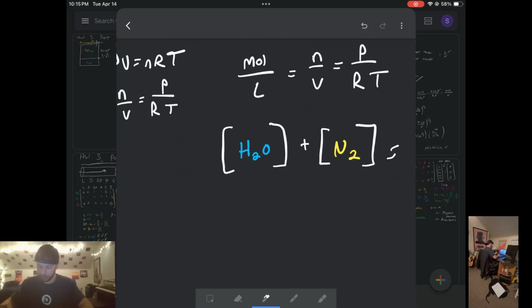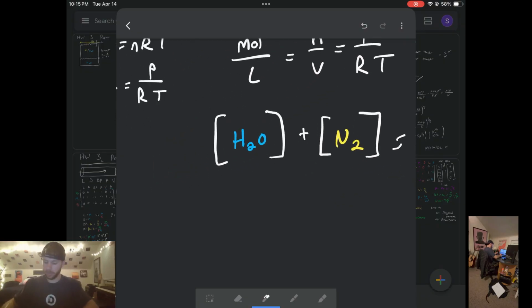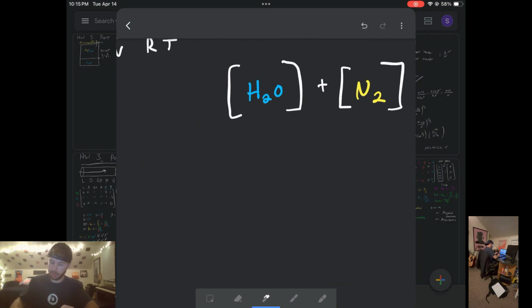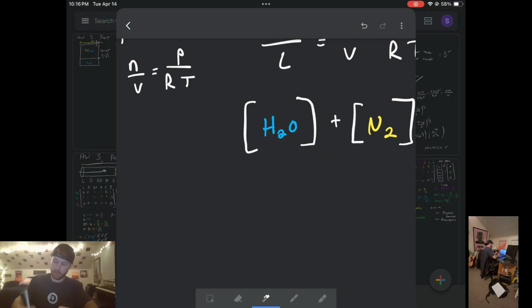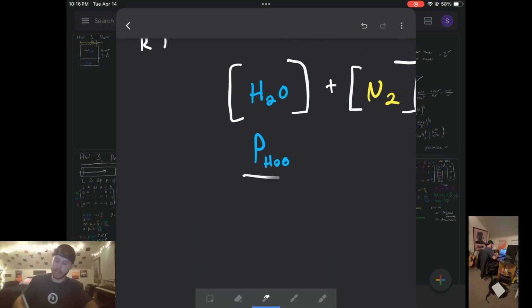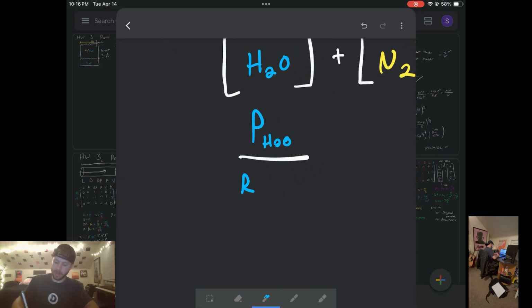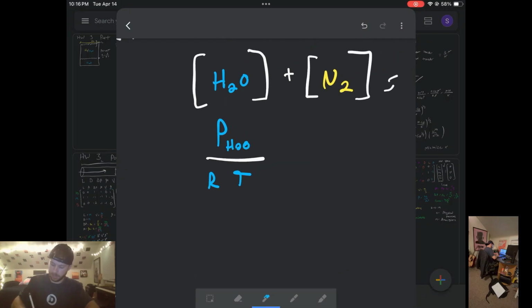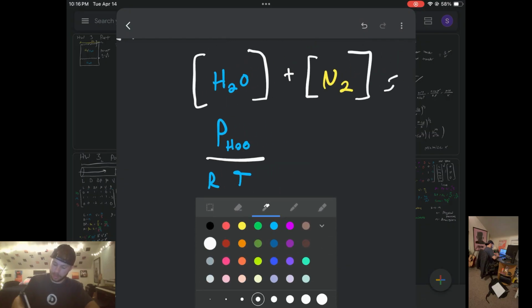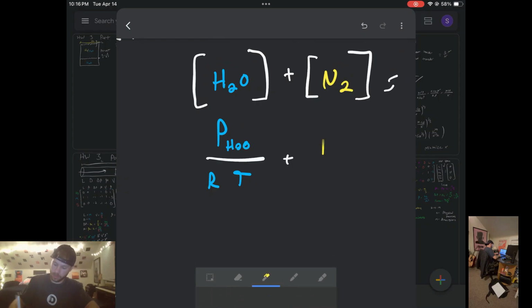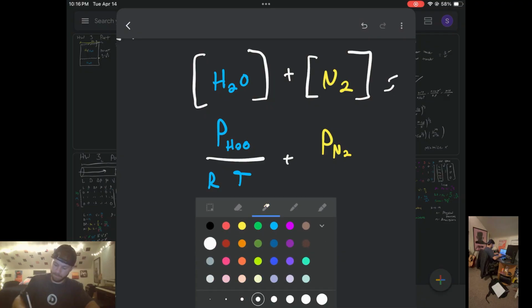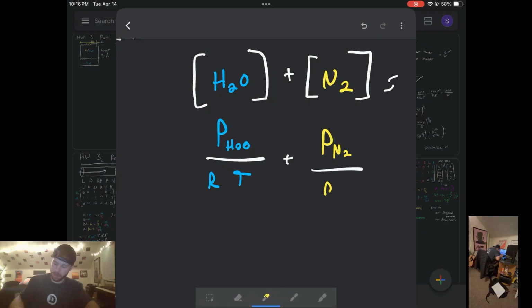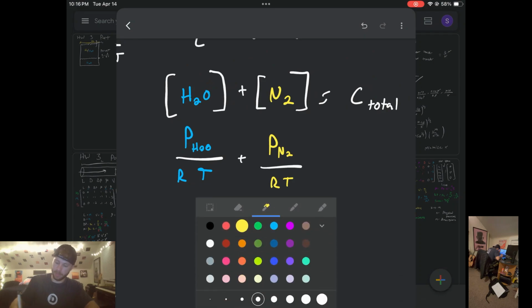So we can write this up here saying concentration of water, so pressure over water divided by our ideal gas constant, R, times our temperature, and then add that to the same thing for our nitrogen to give us our total concentration.